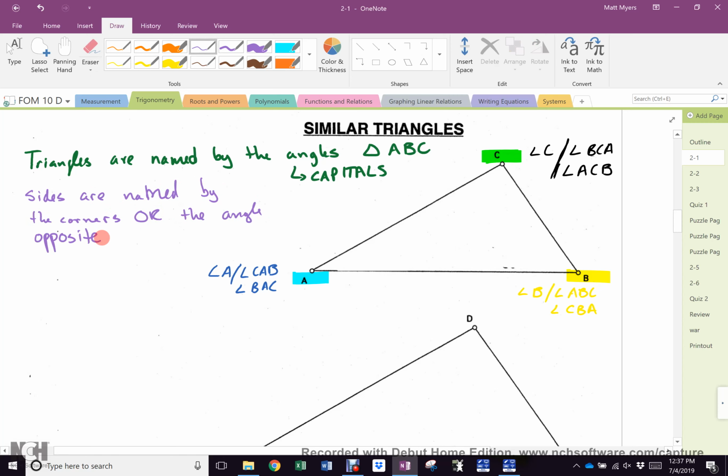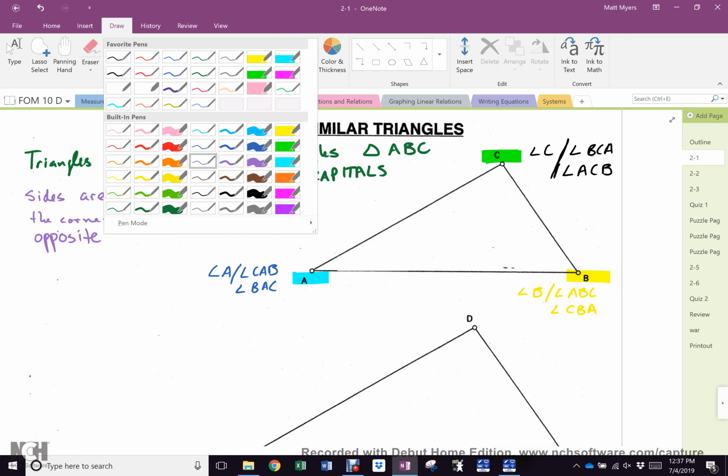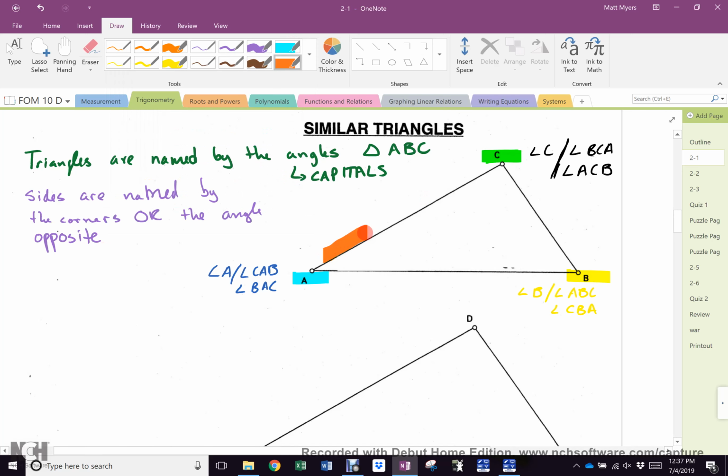Opposite means straight across. So, this side right here, which I'm going to highlight in orange, that orange side is going to be named either CA, AC, or, and this is where it gets weird, little b.